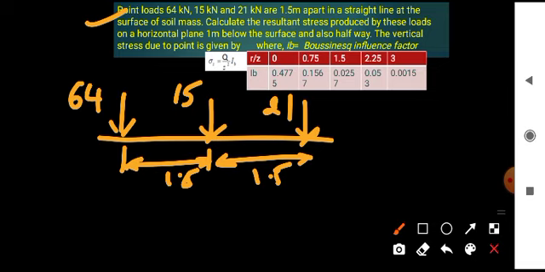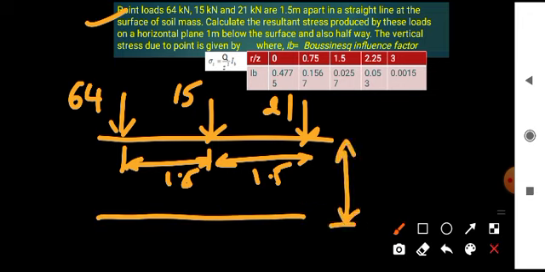Calculate the resultant stress produced by these loads on a horizontal plane. The horizontal plane we have to consider at a depth of 1 meter, so Z will be equal to 1 meter here.